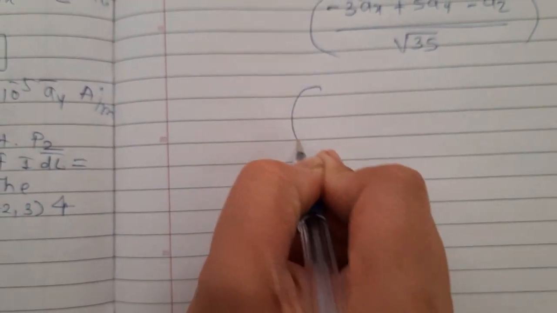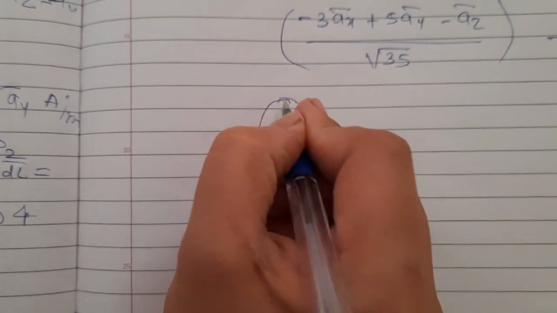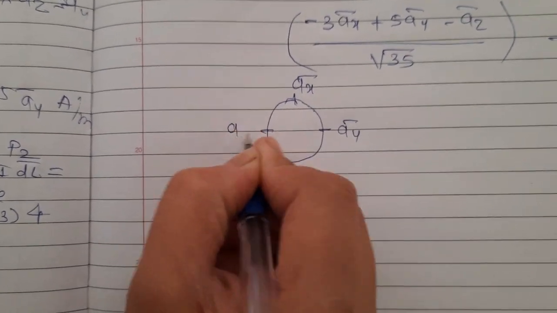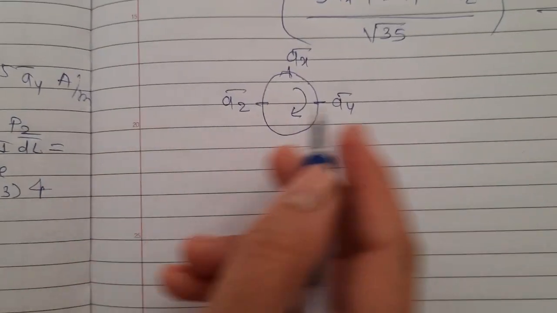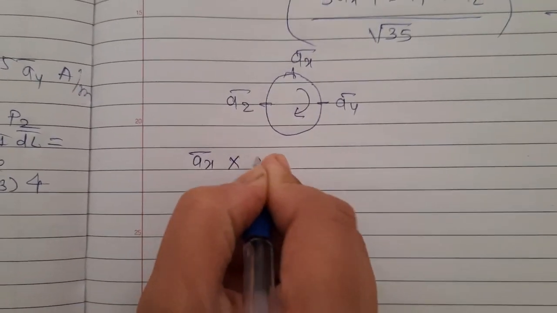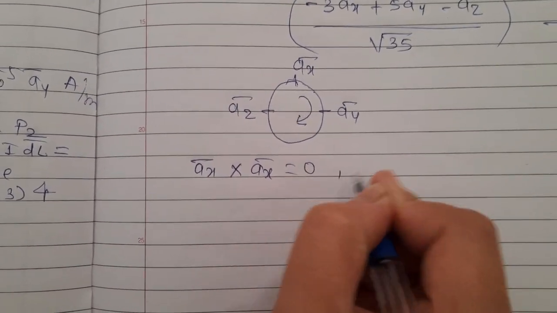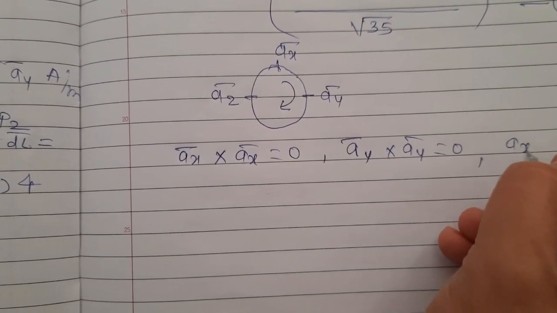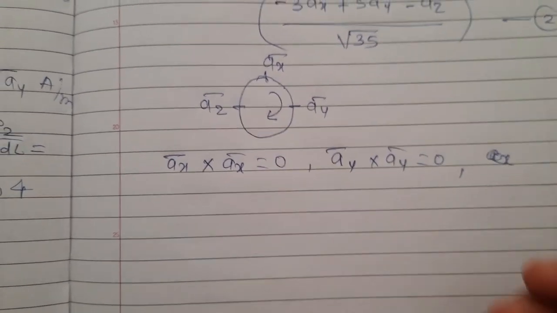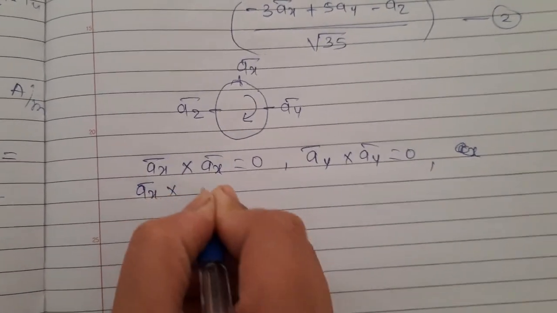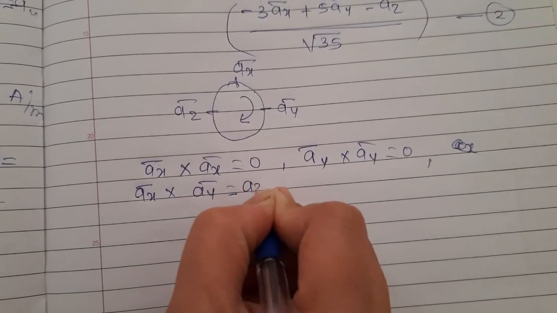Now we have to find the cross product, and it can be calculated. For that we have to draw one diagram here. This is ax bar, this is ay bar, and this is az bar. So from this diagram we can find the cross product. ax bar cross ax bar is 0, ay bar cross ay bar is 0, and ax bar cross ay bar is equal to az bar.